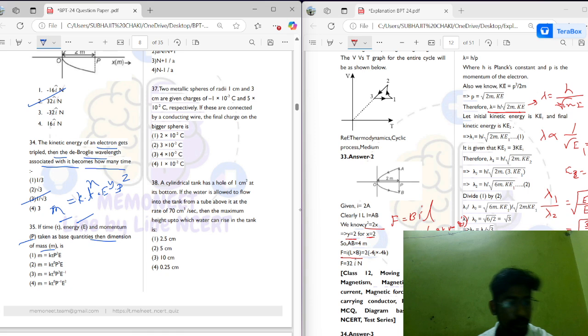That means p will be equal to qb into x square plus y square divided by 2x, which is qb by 2 into x plus y square by x. That means the answer will be option number 3.